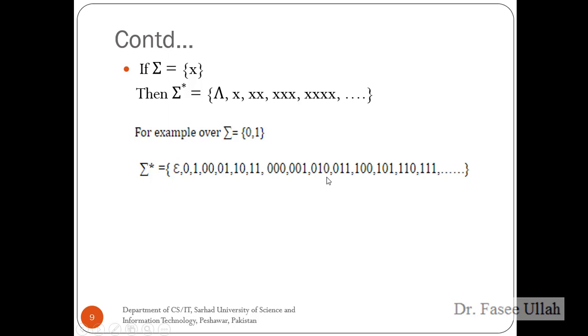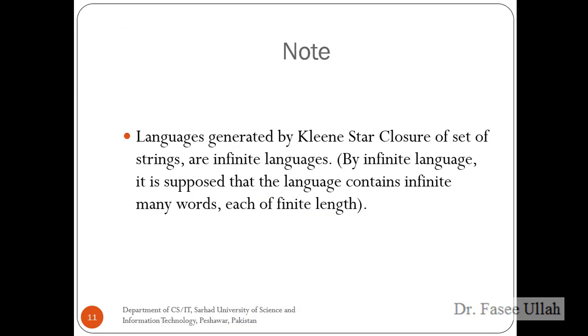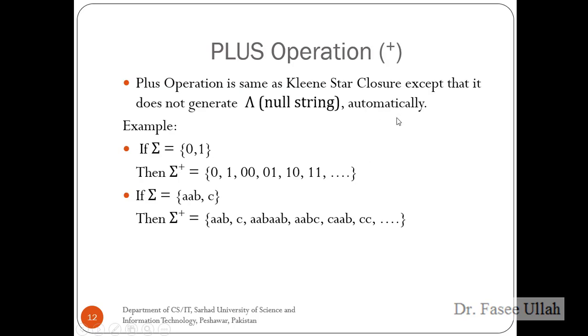This is the concept of the example. By infinite language, it is meant that the language contains infinitely many words, each of finite length. What does it mean? Infinite language and each of finite length. We can define infinite combinations of strings, but each should be of finite length. This is very important.